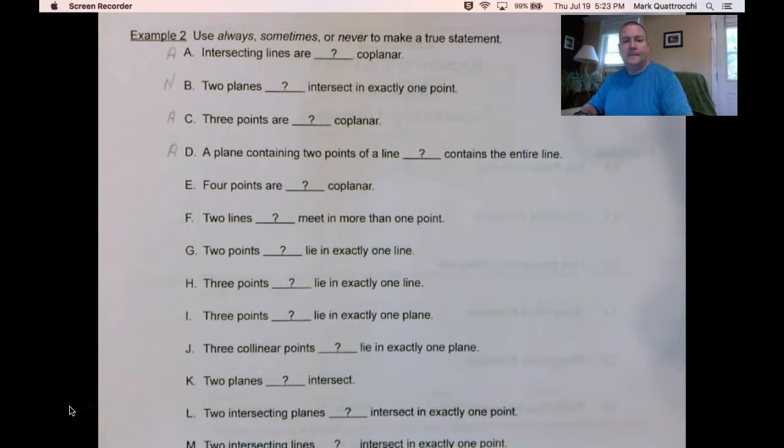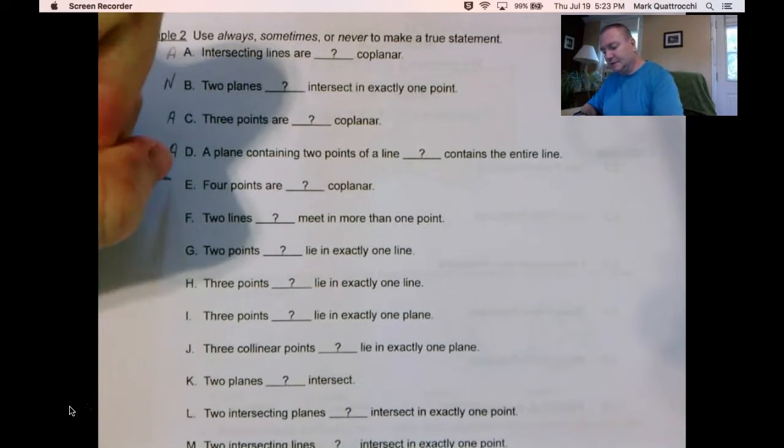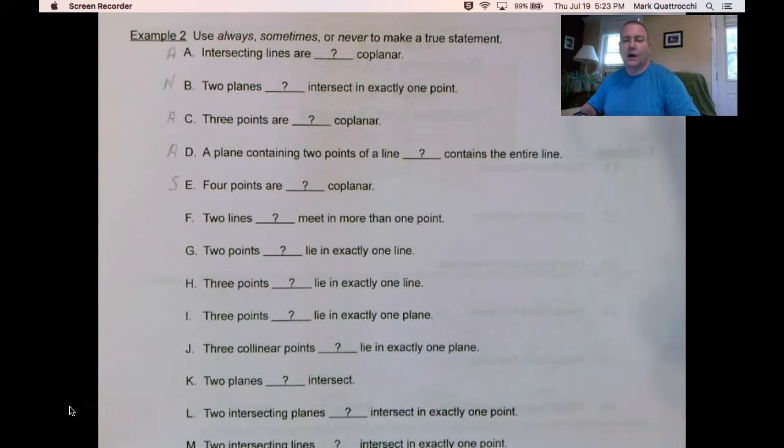Part E, 4 points are always, sometimes, or never coplanar. This is a sometimes. If you've ever sat in a chair that rocked back and forth, it's got 4 legs and it rocks because one of the legs is not in the plane of the floor. 3 points have to be coplanar, 4 points do not.